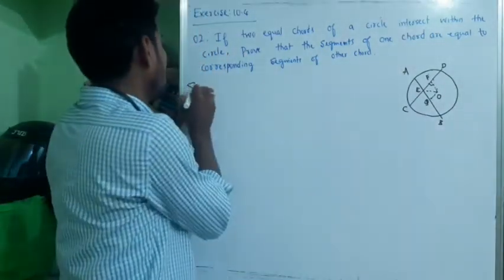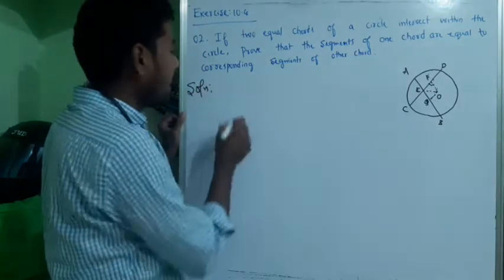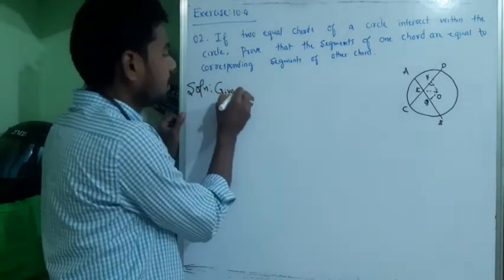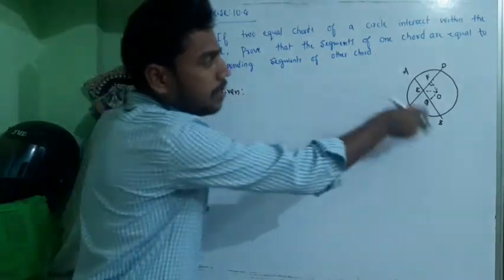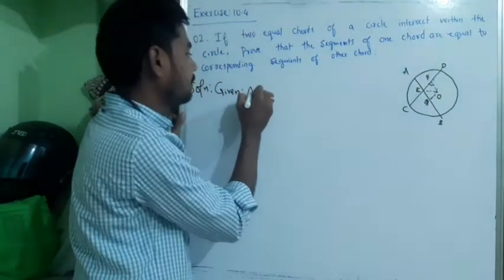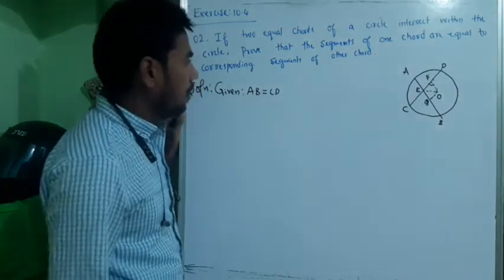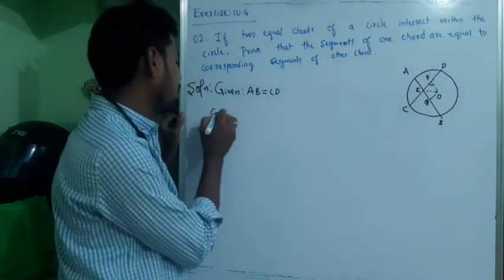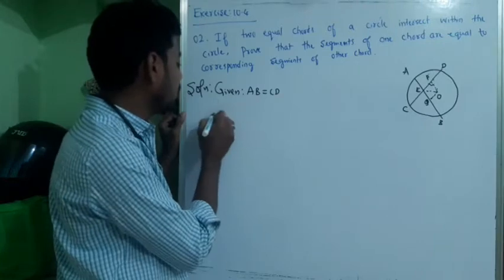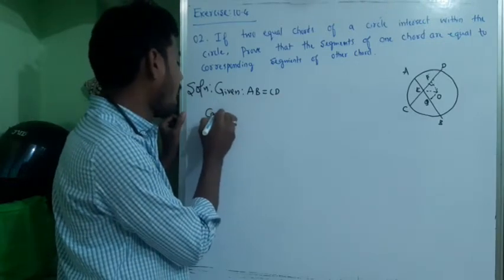So solution. What is given to us? It is given that AB is equal to CD. This is a given thing. Before we prove, we do some constructional arrangement.